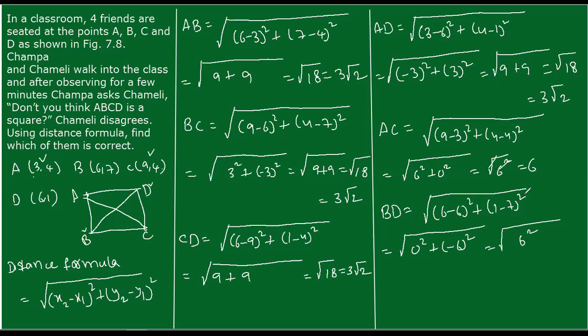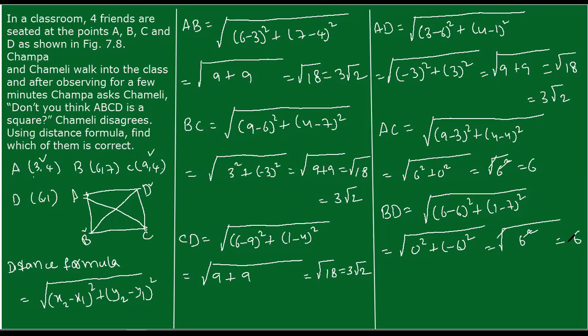If it is odd, like 3 or 5, any odd number, then the answer will be negative. So 2 is even, so it is positive. So square and root cancel, the remaining value is 6. So the diagonal AC is 6 and BD is also 6.